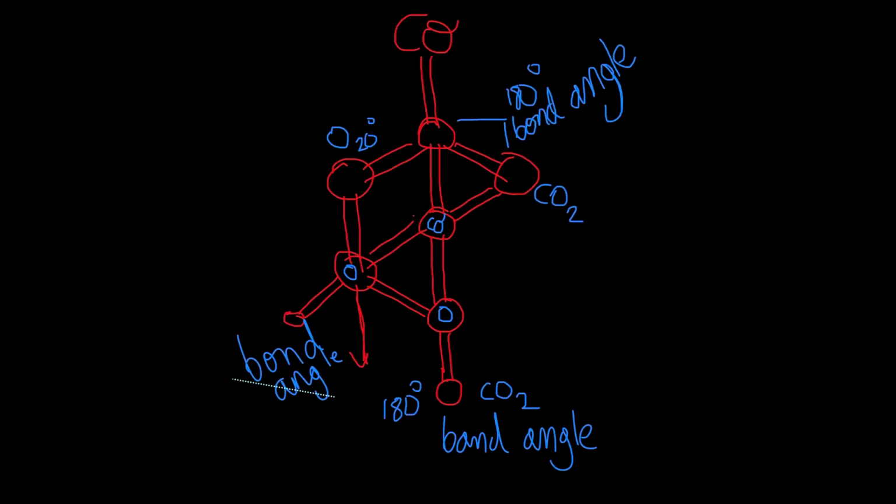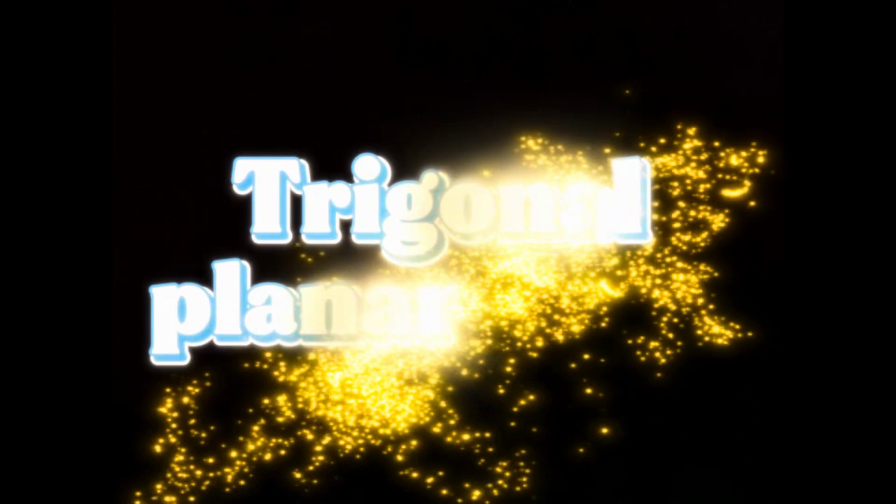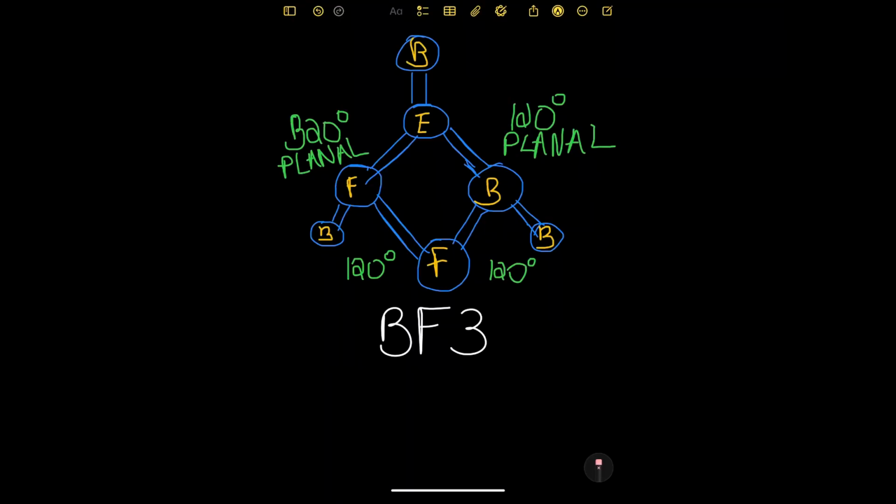As you can see in my drawing, the linear geometry has 2 bonding pairs, 0 lone pairs, and the bond angles are 180 degrees. An example is CO2. In my next drawing, you see the molecular geometry trigonal planar.